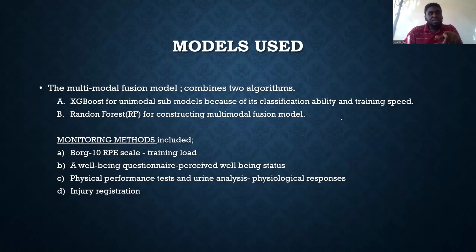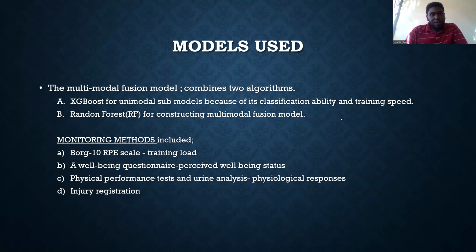The random forest is used for constructing the multimodal fusion model, because it's aiming for generality, interpretability, and ease of implementation to aid in injury risk prediction and prevention.